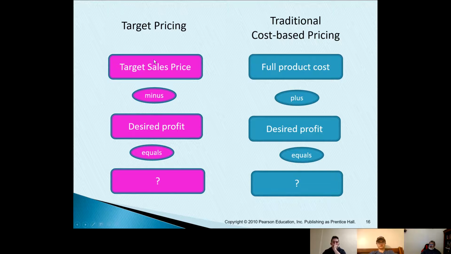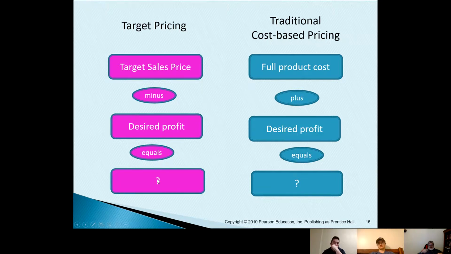So if we have our target price, let's say we're selling a Ford Mustang, and we know we can sell this Ford Mustang for a certain price, and we know we want to make a certain amount of money. If we take our target price and this time subtract our desired profit, that tells us what we have to be able to produce that Ford Mustang for.